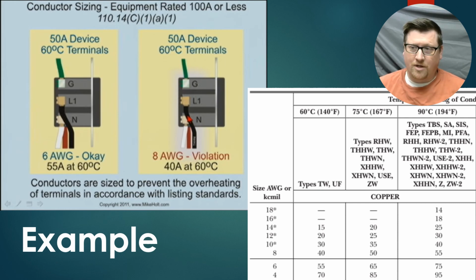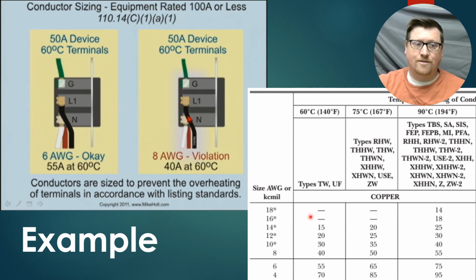If we've got 50 amps, then we need to come down and find the smallest wire that is good for at least 50 amps. And that's going to be the number 6. We're going to be okay with the number 6 because it's good for 55 amps at 60 degrees Celsius.